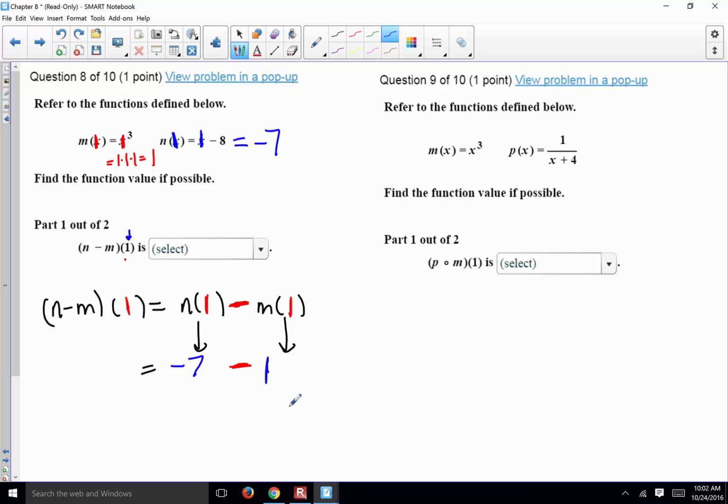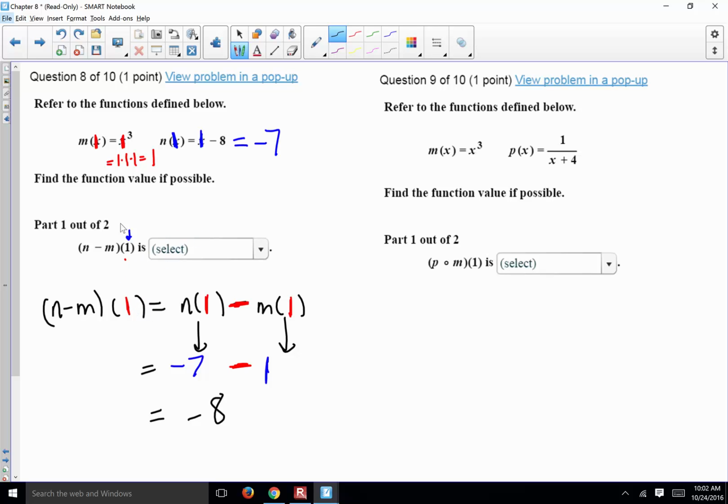You don't need a parenthesis or something. It's just a single number. So you're safe here. And you just need to combine negative 7 and negative 1. They make negative 8. That's it.